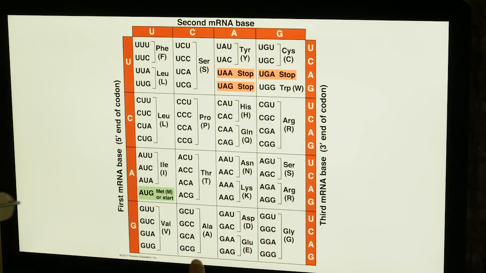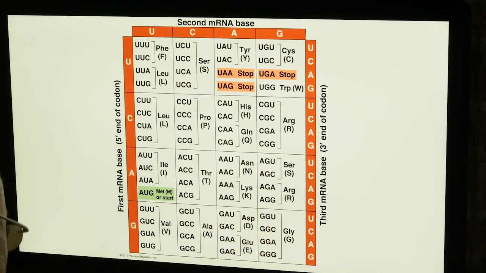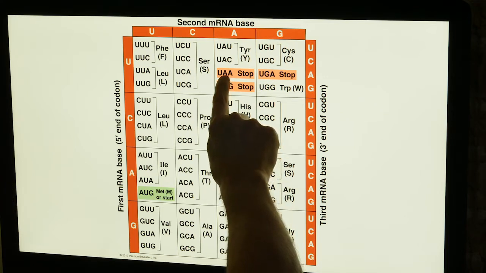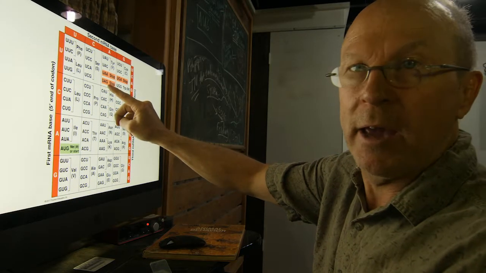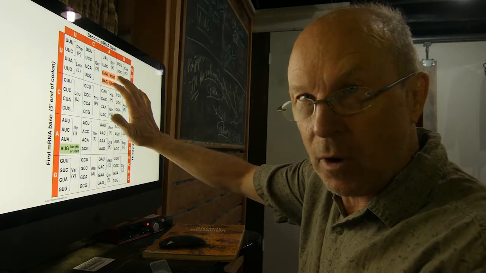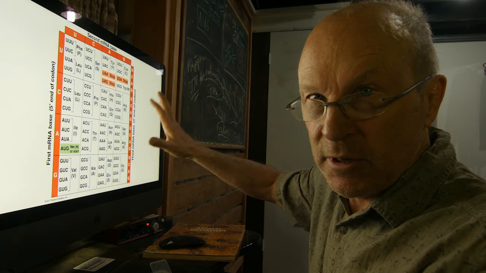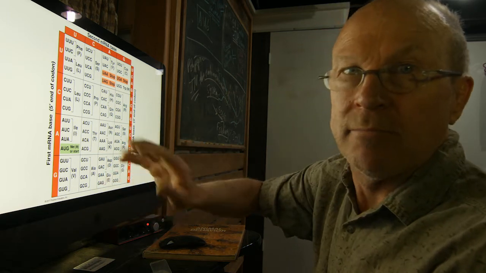Then we go through, and at the very end of the process, it would stop when it gets the codon signal of either a UAA or a UAG or a UGA. So 3 options for the stop codon, and that signals time to dissociate. The ribosome and the messenger RNA break apart.